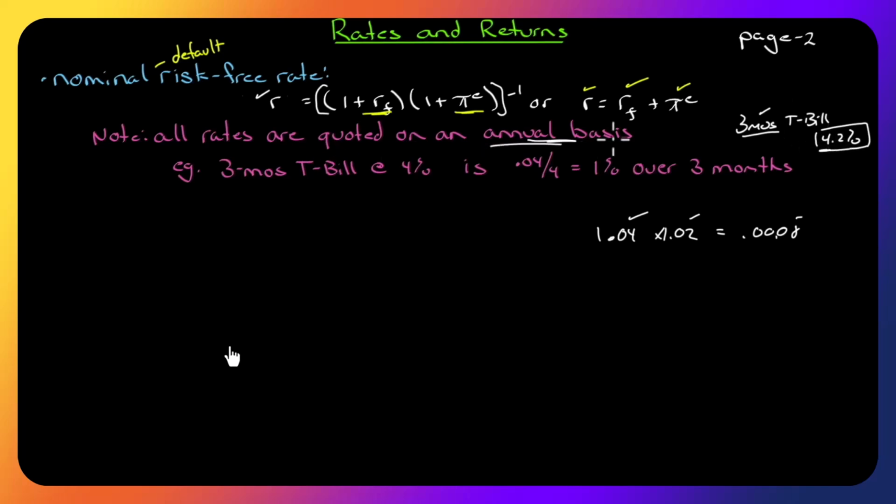All rates are quoted on an annual basis. So, for example, 3-month T-bill at 4% is 1% over 3 months, right? Because 3 months happens 4 times a year. That's a quarter. So if you just do a naive interpretation, you just divide it like this simply, you'll see that it's 1% over 3 months. It's not 4% for the 3 months.